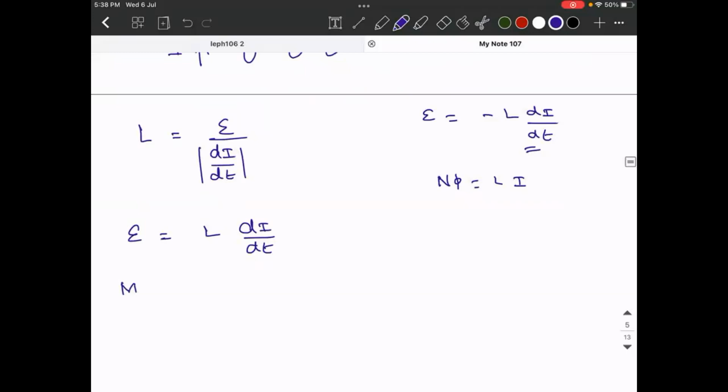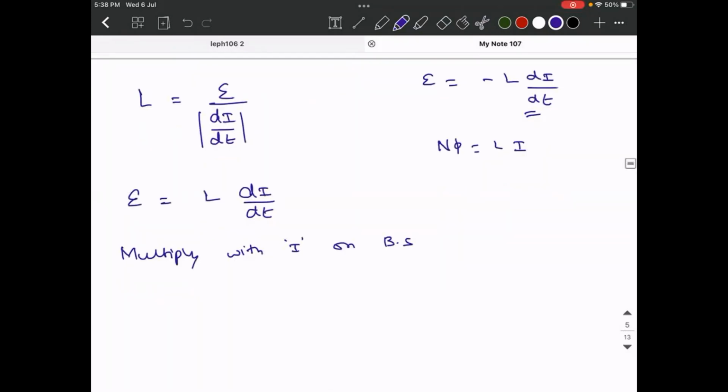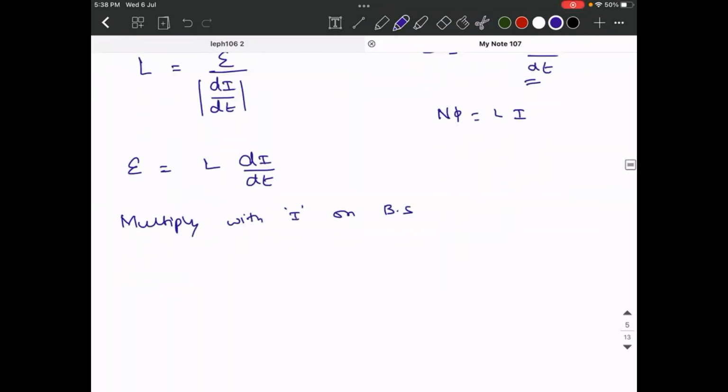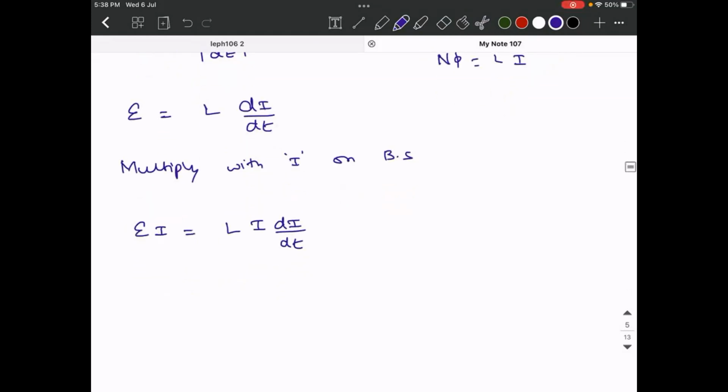Now what I'll do is multiply with I on both sides. You get E I is equal to L into I into di divided by dt. But what is E into I called? The product of voltage and current is called electrical power.